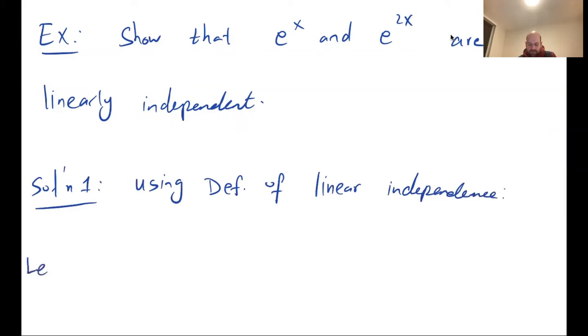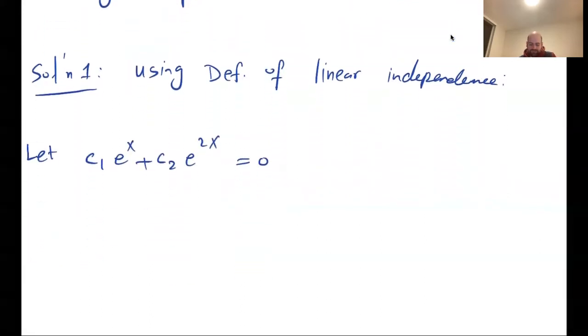So let's say C1 e to the x plus C2 e to the 2x equals 0. See, this is a linear combination of two functions, which is a function itself.